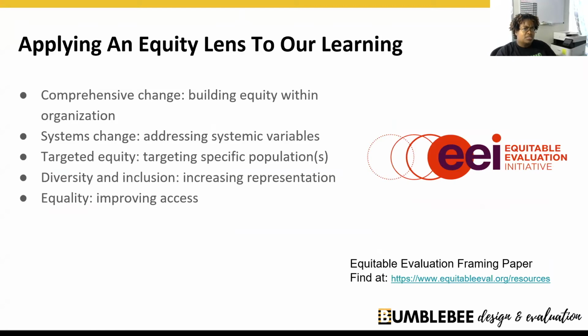So I want to start by thinking about how we apply an equity lens to our learning. I tend to think about evaluation as a systematic way of learning about someone's work. In terms of an equity lens, we can turn our attention to particular areas of inquiry and learning.